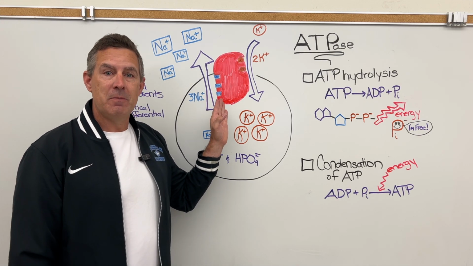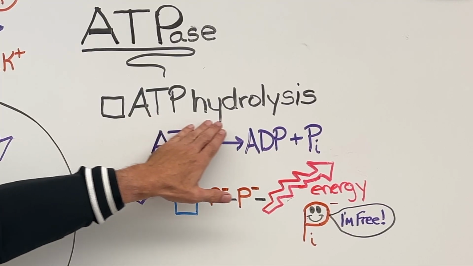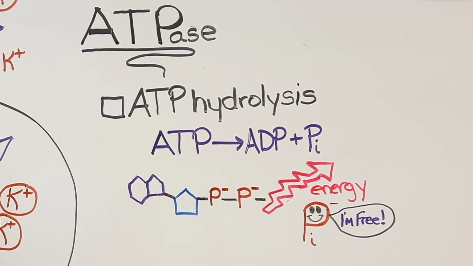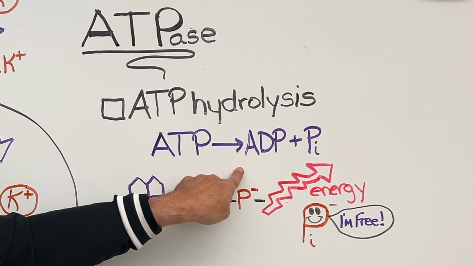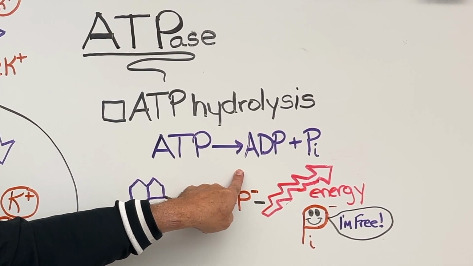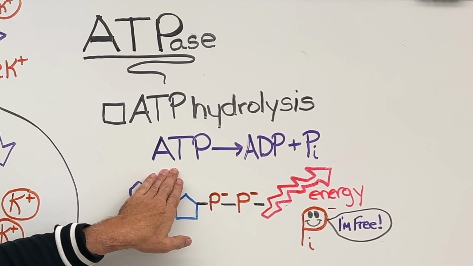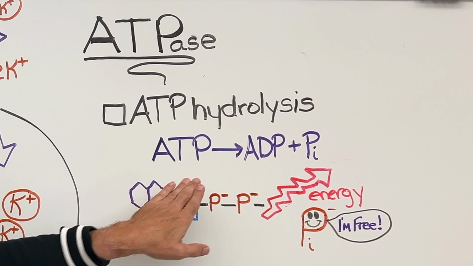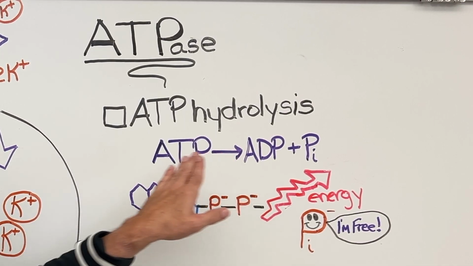That is to say, ATP is going to be split, or what is known as hydrolysis. ATP hydrolysis breaks ATP down into one molecule of ADP, that's adenosine diphosphate. It was originally adenosine triphosphate, tri meaning 3, adenosine diphosphate meaning 2 phosphates.